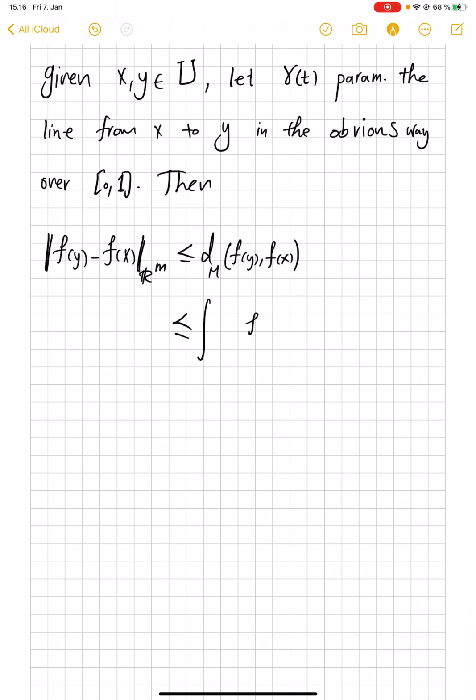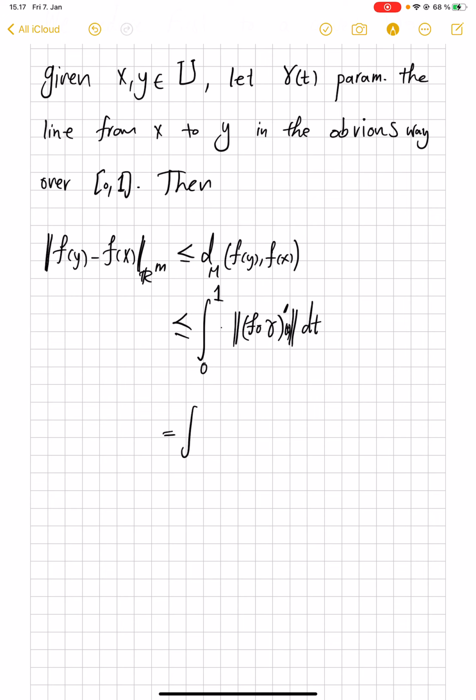By definition of the dM, notice that f∘gamma is a C1 curve that connects f of x to f of y. So the length of this curve is more than the dM, because dM is the infimum of all such lengths. So how do you compute the length of the curve f∘gamma? You take the derivative of this curve, you take its norm, and then you integrate dt from 0 to 1.